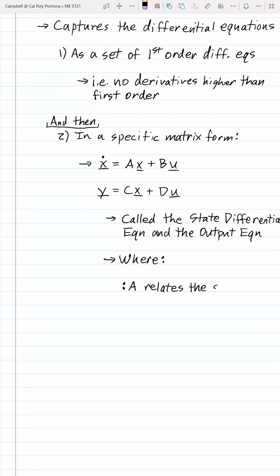the state vector. So the state vector, that's our X. Actually, I think I just defined it implicitly now that I'm looking at things. So our X captures the values of the states that are a part of the system that we're working with.